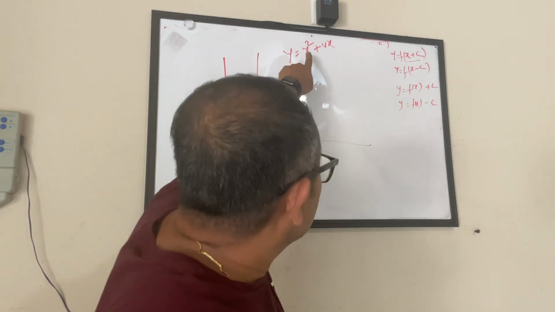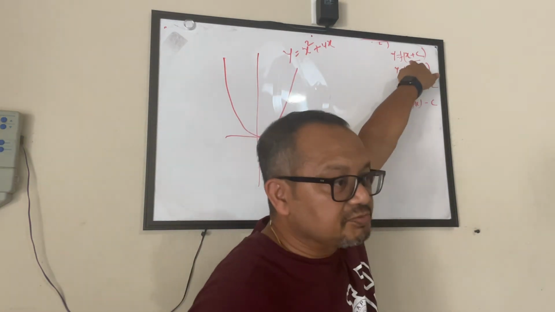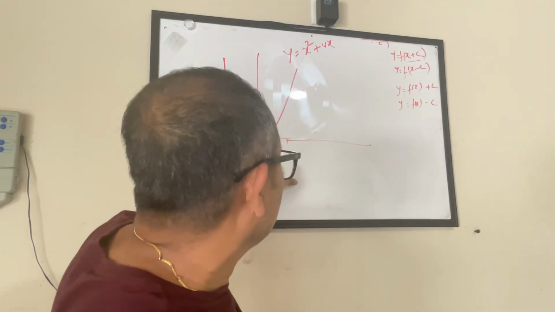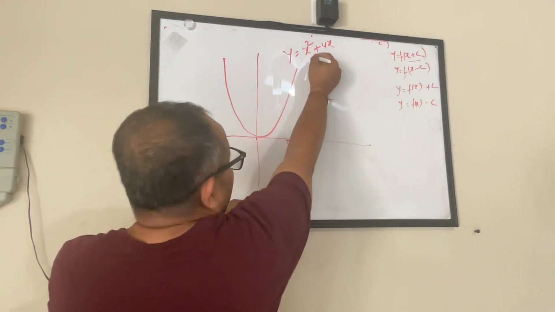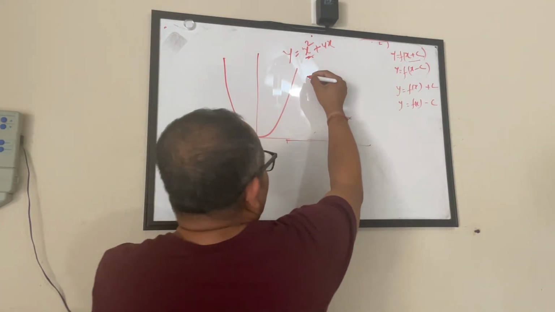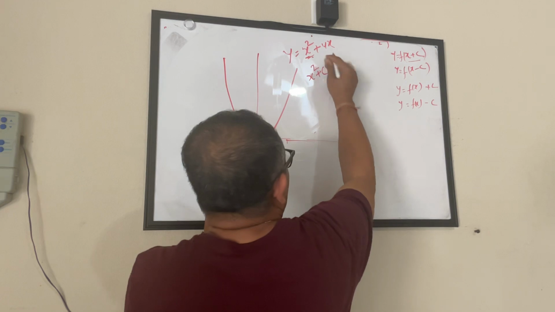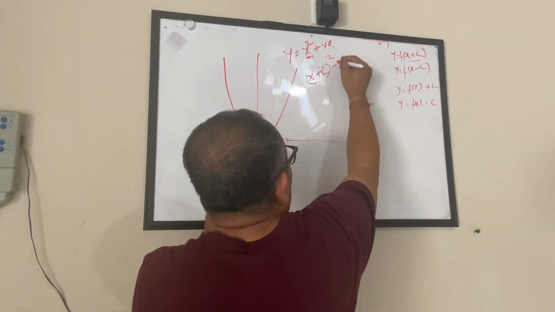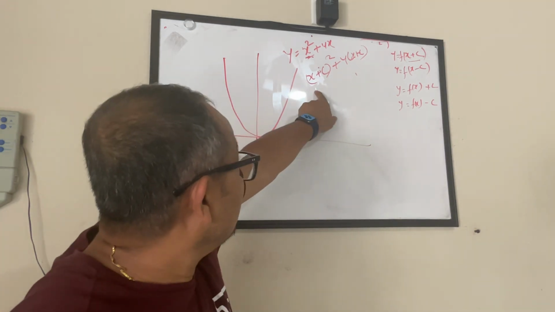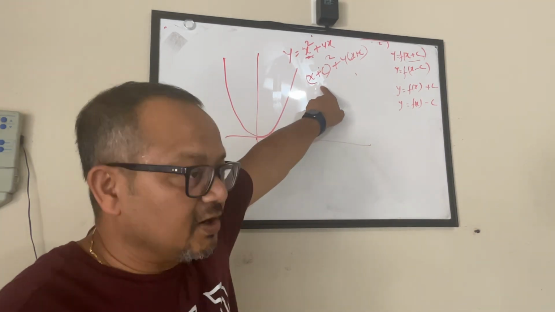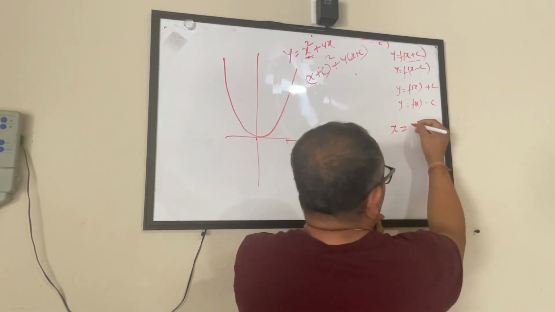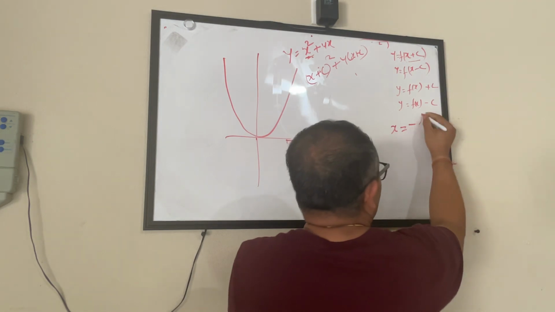Now, if instead of x, I say x plus c, what happens to this parabola? So here, if I say x plus c, what will happen? It becomes x plus c squared plus 4 into x plus c. Now we'll use this: the x coordinate of the vertex of a parabola is minus b by 2a.